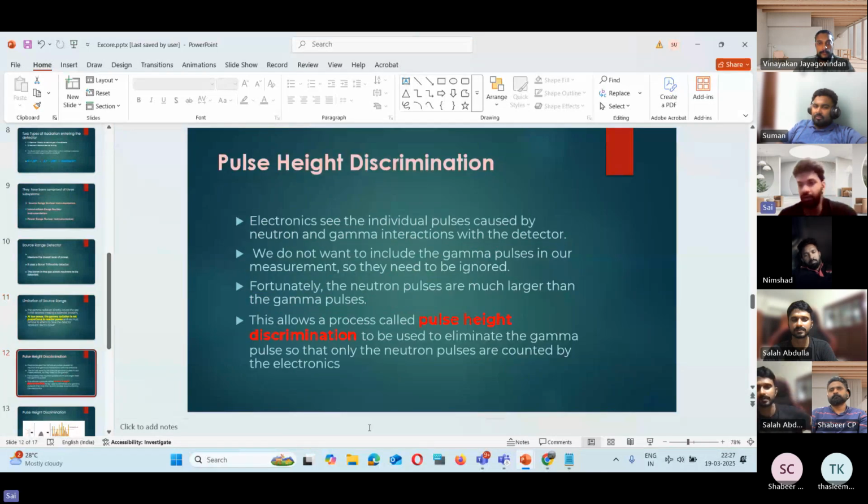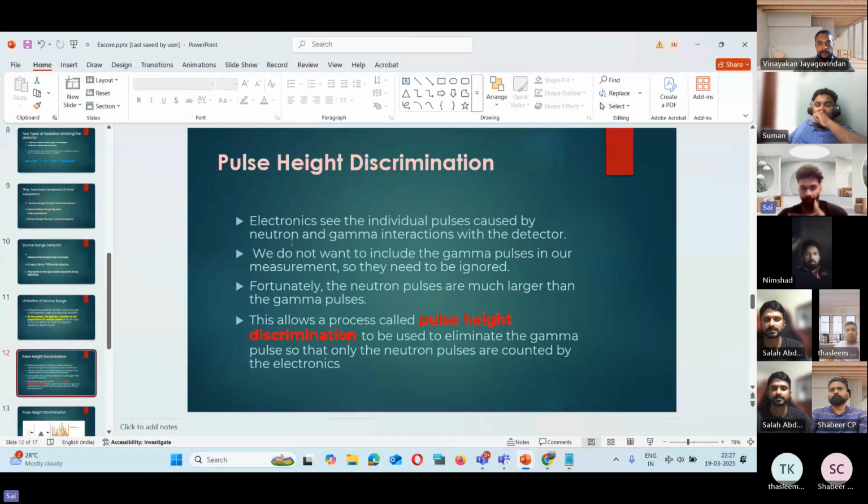So there is a process we use to exclude the impact caused by the gamma radiations in source range detectors. As you can see, the electronic circuit that is used to detect this radiation sees individual pulses caused by the neutron and gamma interactions with the detector.